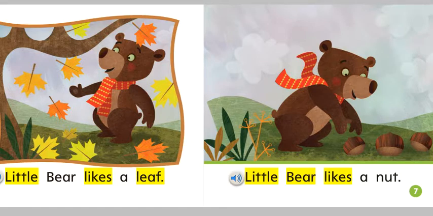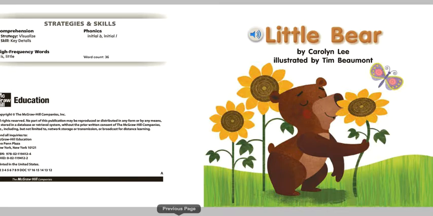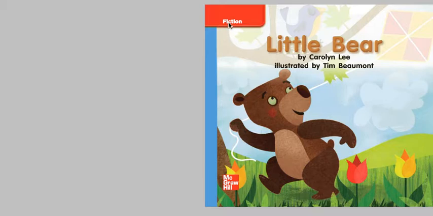So, as we read this story, we'll be listening and using some strategies to help us with this book. But what kind of book is this? There it is right there, a fiction. This is a fiction book. Okay. We have been reading fiction books and we also have been learning about fantasy books. Remember that now that we have read quite a few fantasy stories, which are a kind of fiction where things happen that could not happen in real life.